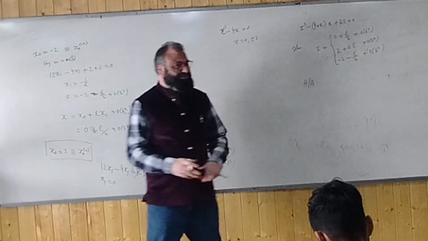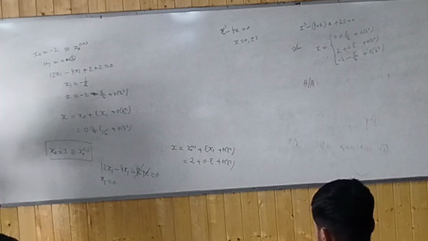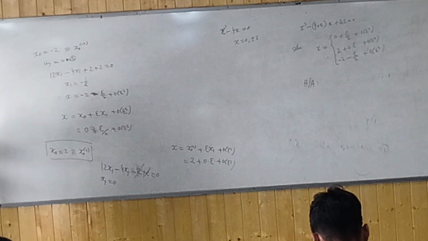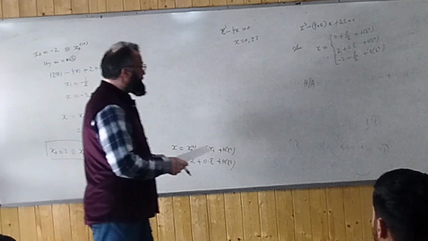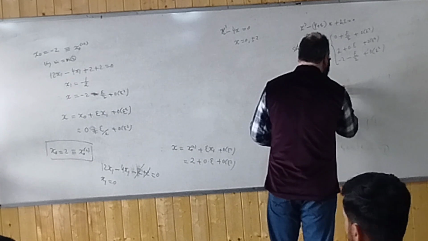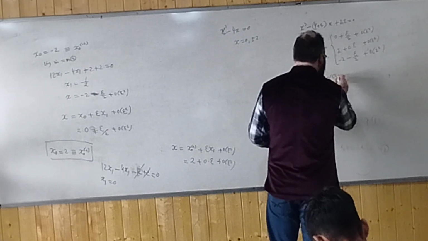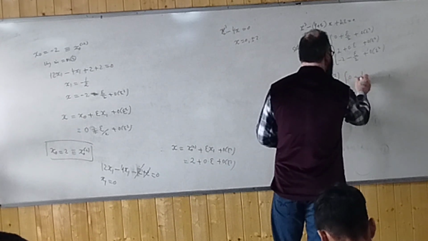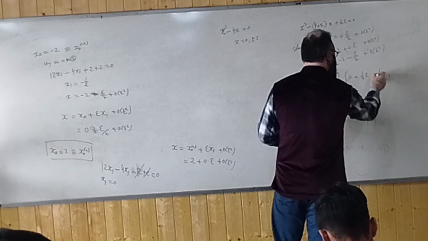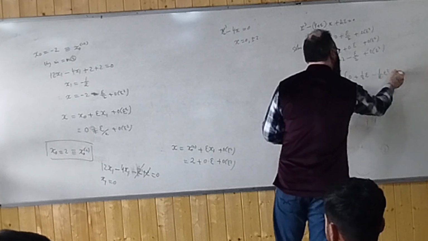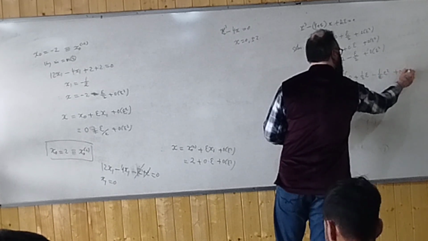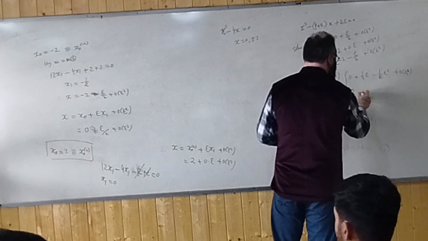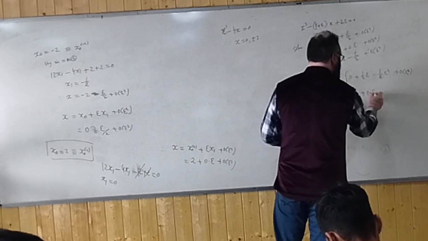Okay, so the assignment for you is to calculate up to the order of epsilon square. You have to take the square term as well. So this is actually the solution up to the order of epsilon square. It is 0 plus half of epsilon minus 1 by 8 epsilon square, and you have to ignore the order of epsilon cube terms. 2 will remain as such, 2 will not change.